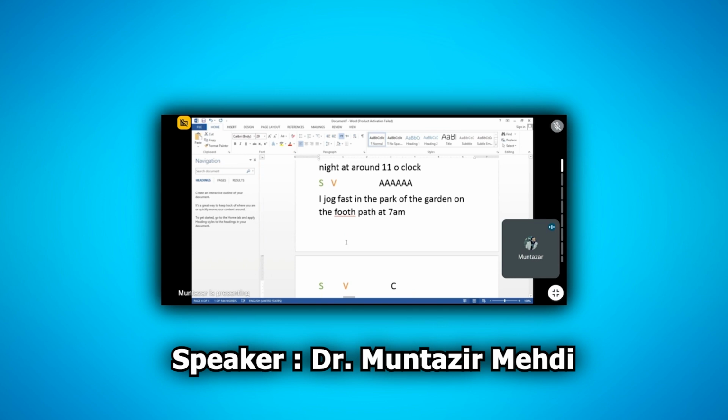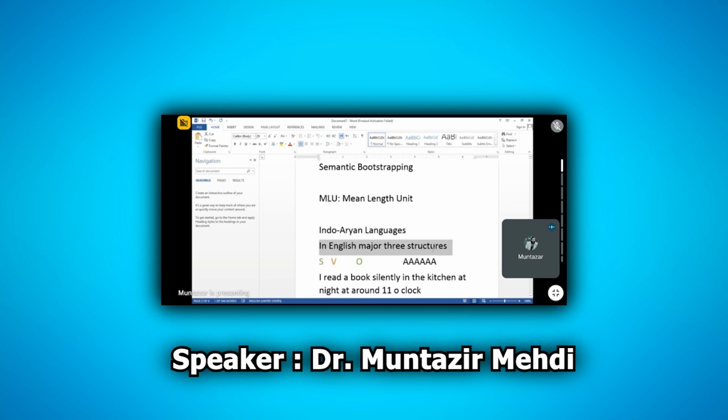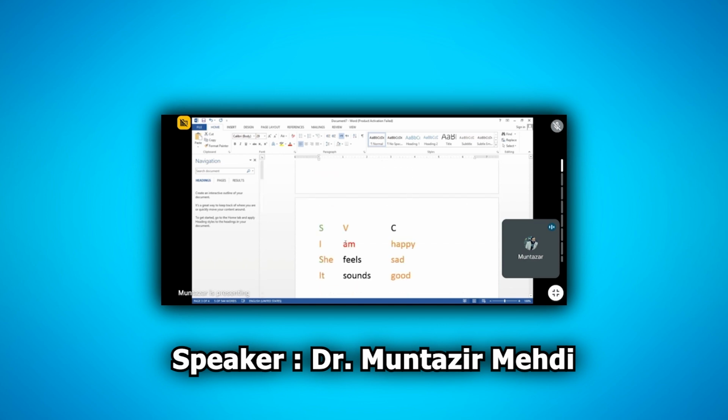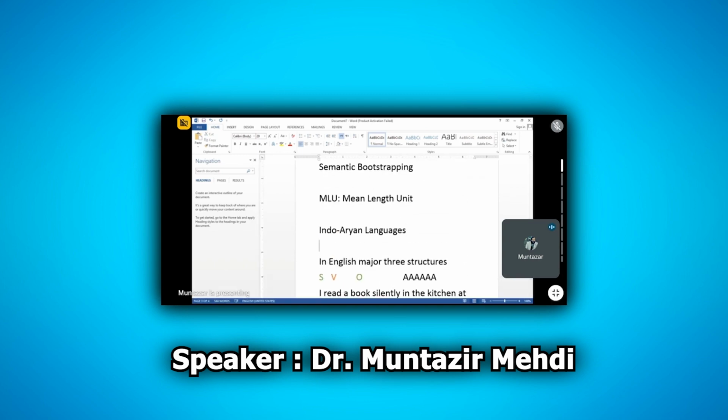Okay. Now, children, when they are learning the English language, they go through these structures: SVO, SV, or SVC. What is happening with these Indo-Aryan languages? I mean, Pashto, Pahari, Saraiki, Balochi, Punjabi, and so on and so forth. All these languages.